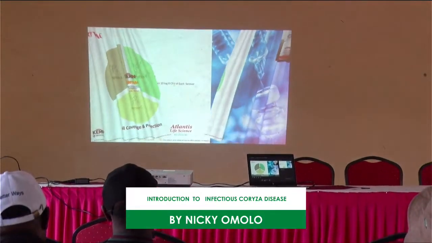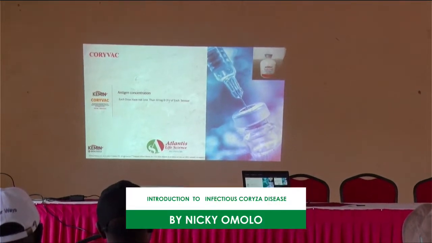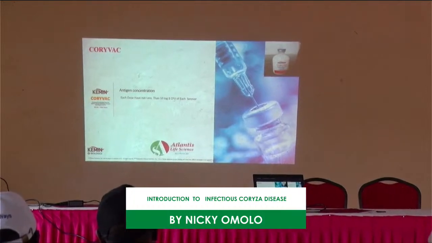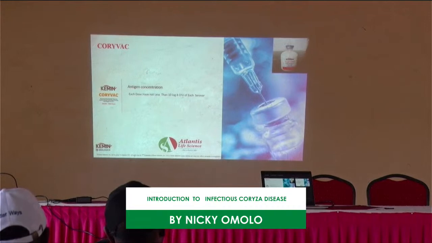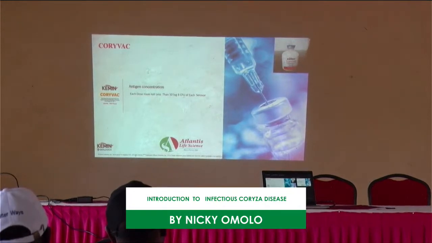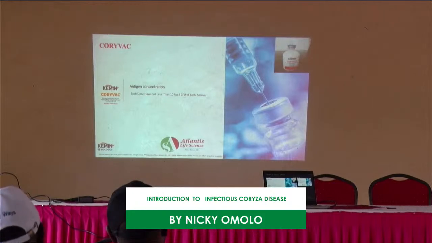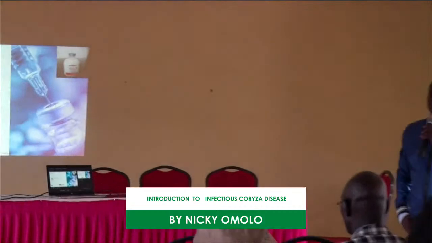So we want to look at some of the studies that were conducted on this vaccine that makes it one of the unique technologies that is now coming up, targeting to control infectious coryza. And like I was telling you initially, one of the most important aspects that must be considered whenever you are developing any vaccine is antigen concentration.